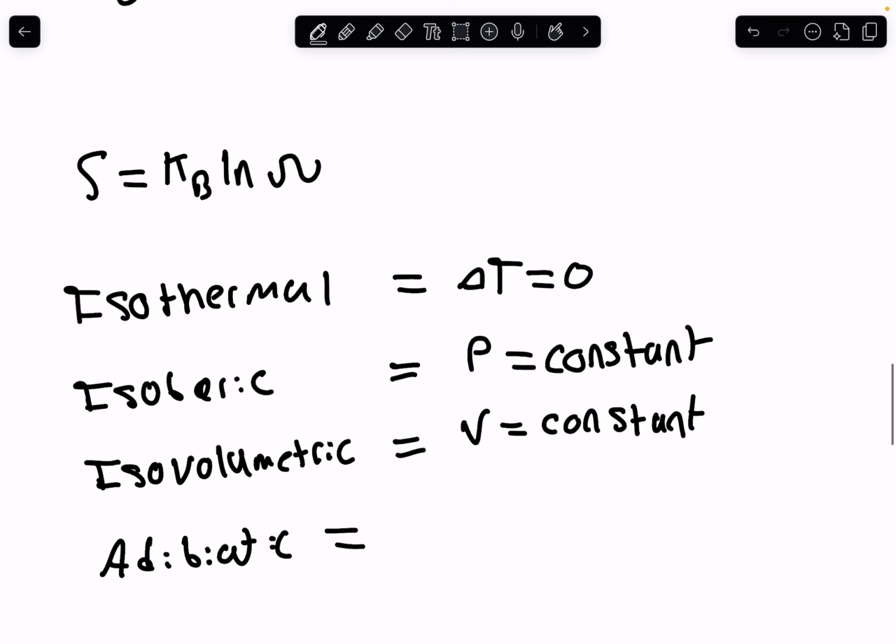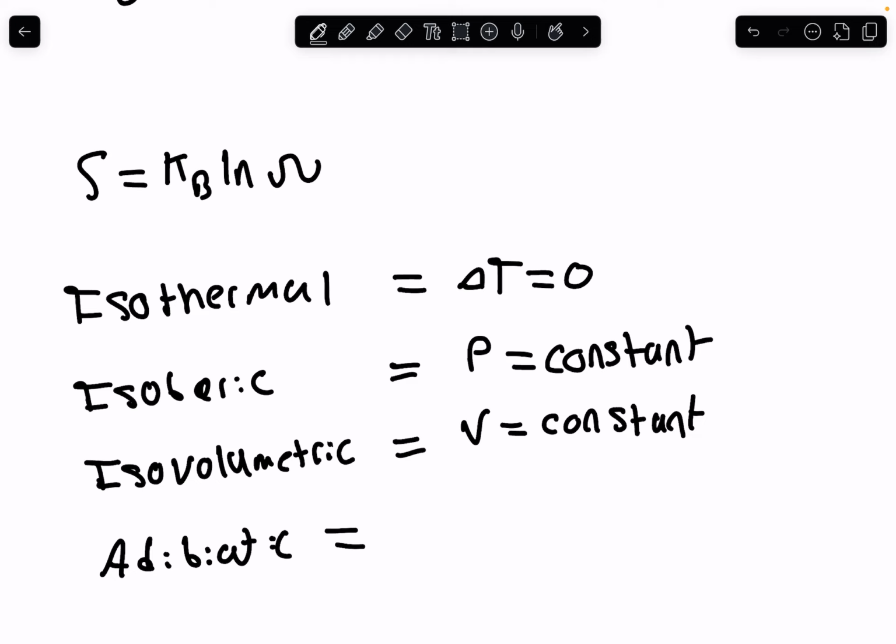So for the isothermal process, the change in internal energy is zero, since there is no change in temperature. For the isobaric, necessarily nothing has to be zero. There can be heat energy added, there can be a change in internal energy, and there can be work done. And work will be done actually.